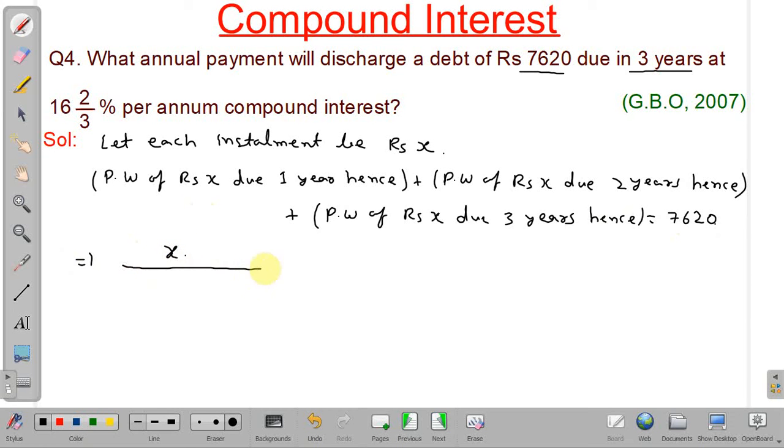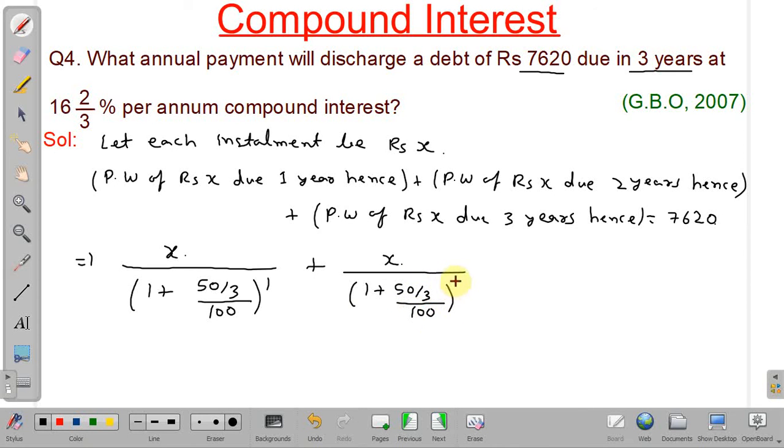So X divided by 1 plus rate of interest 50 by 3 by 100 and time 1 year, plus for the payment after the second year it will be X by 1 plus 50 by 3 by 100 to the power 2, plus X divided by 1 plus 50 by 3 divided by 100 to the power 3, and it must be equal to 7620.